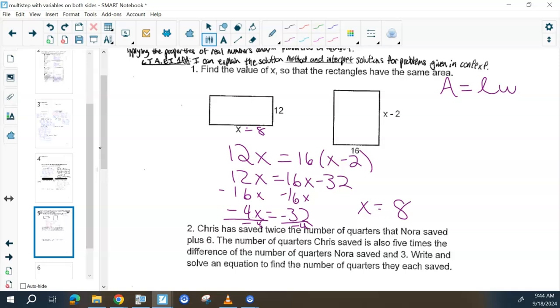If I put 8 in for x, and I found the area by multiplying these two, what would that area be? 96. Units, whatever it is. That means this one would also be 96 units. So that's 16 times 6 is 96.